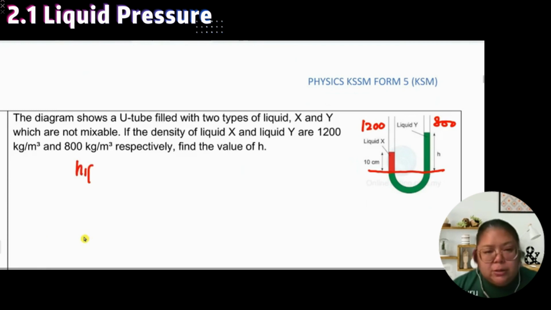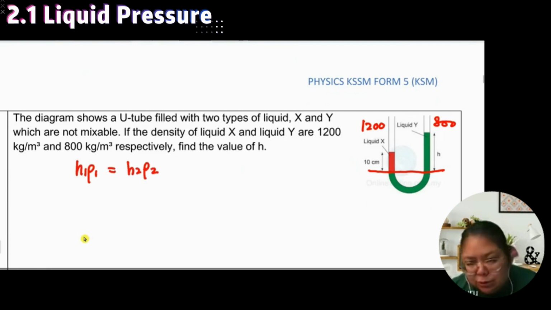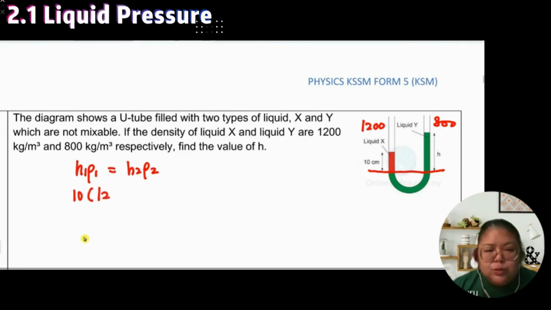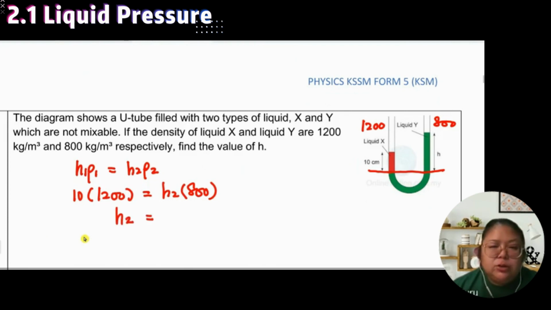So H rho 1 equals H rho 2, and G cancels. So H is 10, density is 1200. Okay, 2 I don't know. Then I put the density for the liquid, 800. Okay, so I just want to know the height 2, the H. Okay, so from here, this answer is 50.